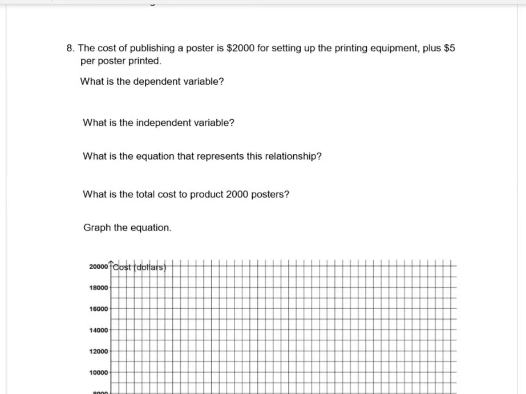Okay, problem number 8. The cost of publishing a poster is $2,000 for setting up the printing equipment, plus $5 per poster printed. What is the dependent variable? The dependent variable is the cost, and the independent variable is the number of posters printed.